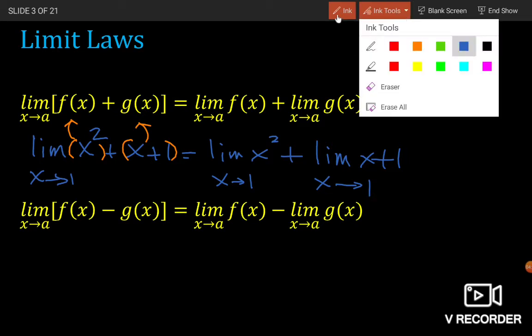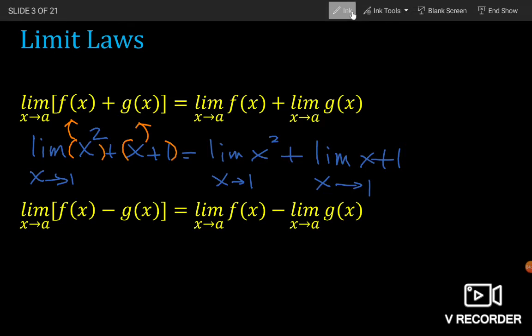Next, we have the difference now. The limit of the difference of two functions is equal to the difference of the limit of each function. So let's say we have here the limit of x squared minus x plus 1 as x approaches 1.